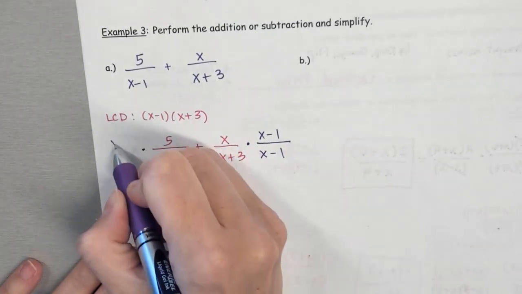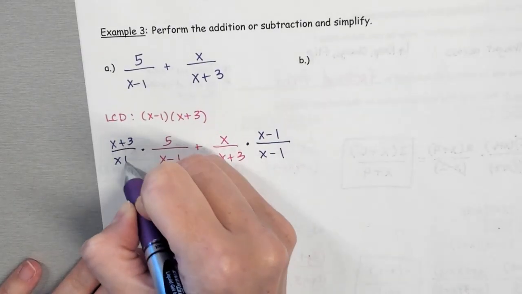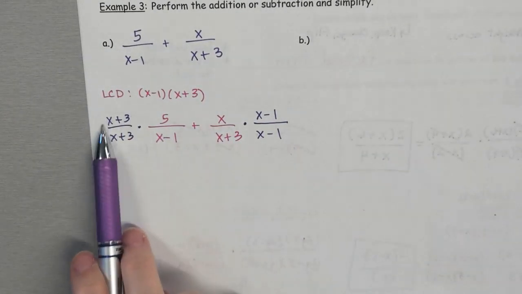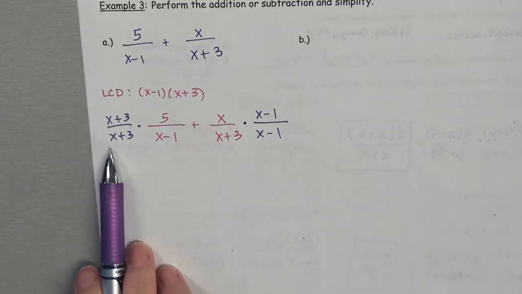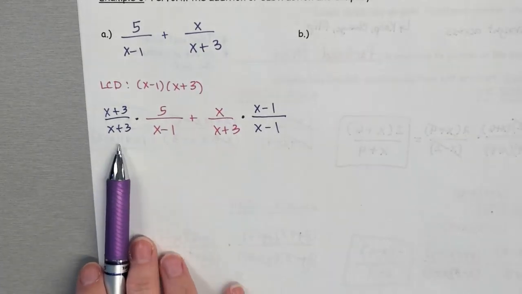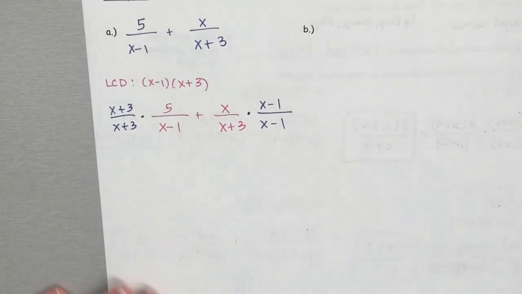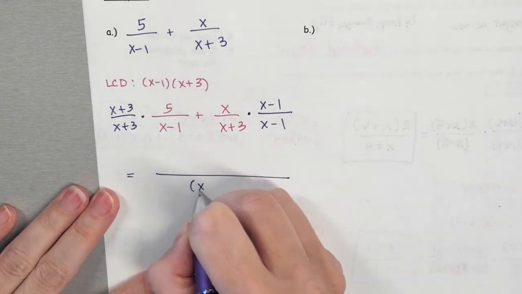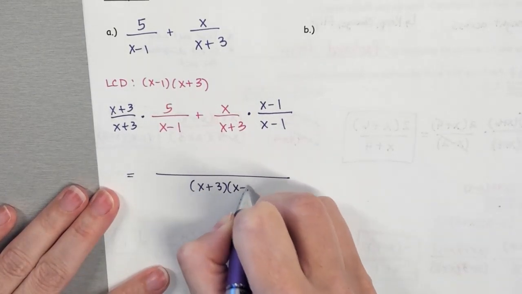This one you're going to multiply by x plus 3 over x plus 3. Why do you have to show that you're multiplying the top and the bottom? Yeah, it has to equal 1. If you just put times the x plus 3, you are not multiplying by 1, and then that's changing it. Okay, so then once you do that, you can just write your denominator.